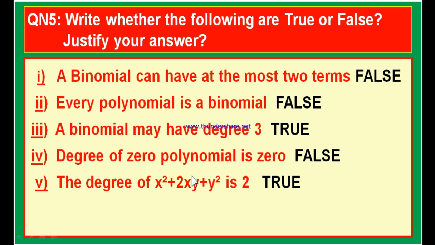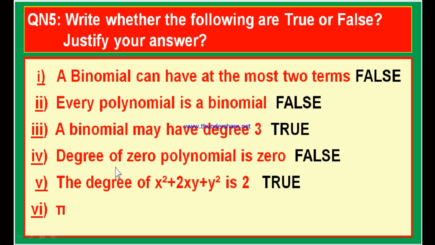Now the exponent of x is 1 and the exponent of y is 1. Therefore, the total sum of the exponents is 1 plus 1 is 2. And y square means the exponent is 2. Among 2, 2 and 2, what is the highest exponent? 2 is the highest exponent. Therefore, the degree of this polynomial is 2, which is true. Therefore, the given statement is true.